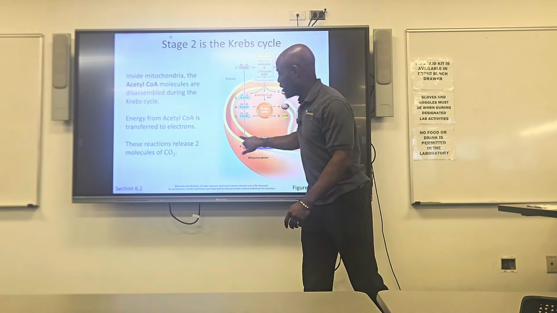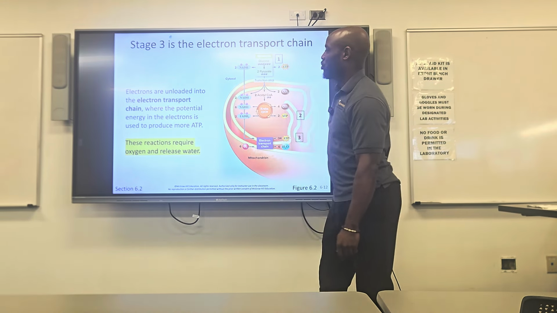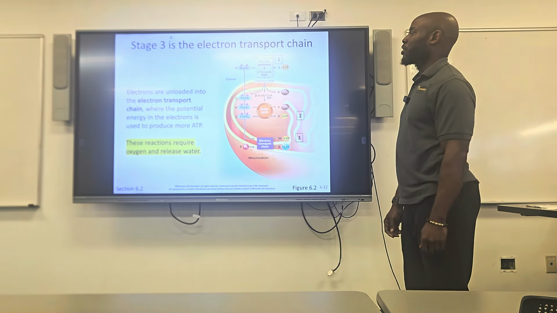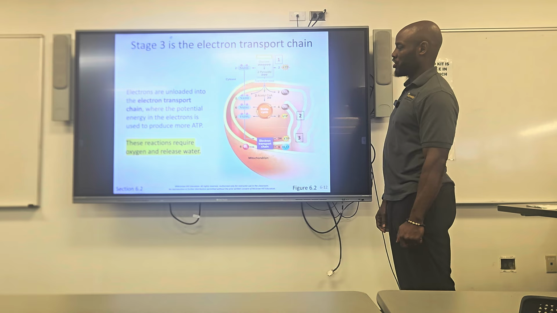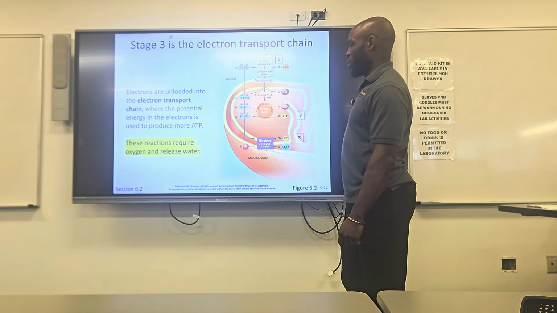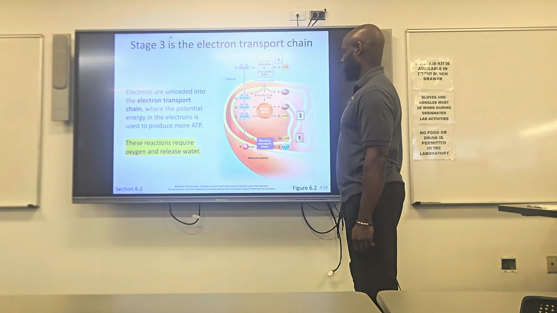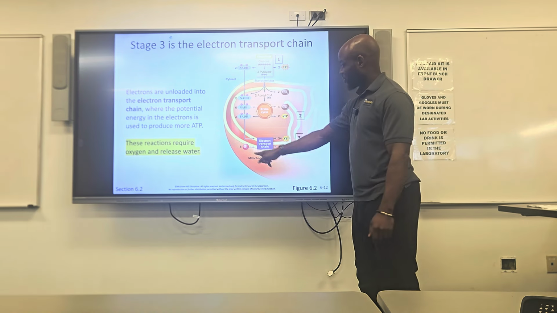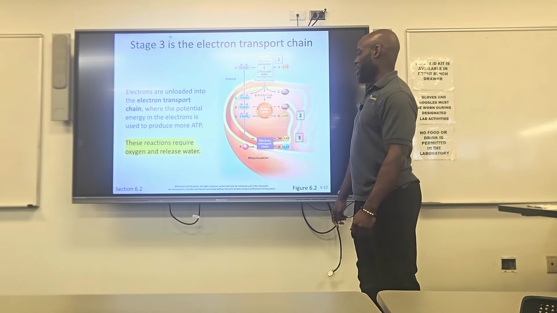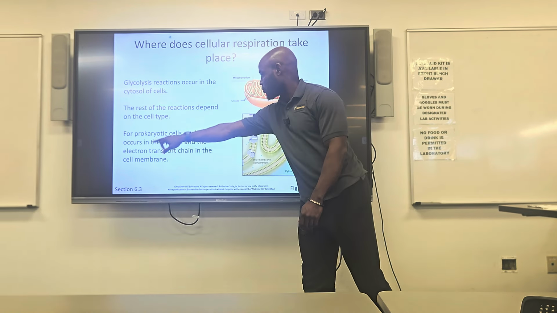Electrons are unloaded into an electron transport chain where the potential energy in the electrons is used to produce more ATP. And this requires oxygen and releases water. So you breathe in oxygen, it requires oxygen, and releases water.